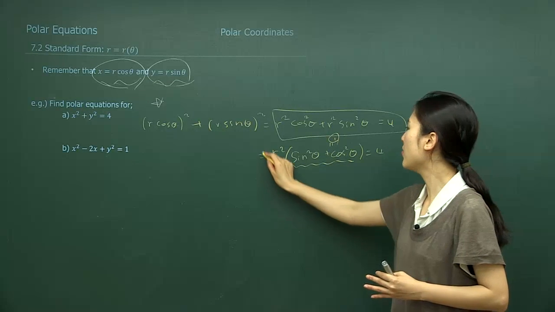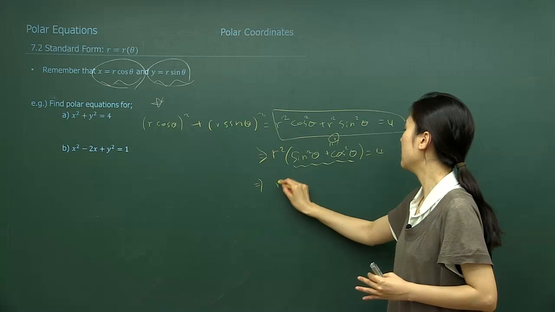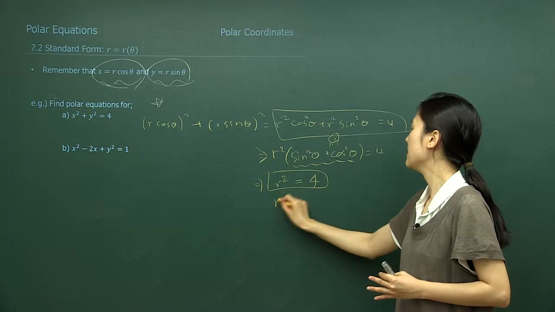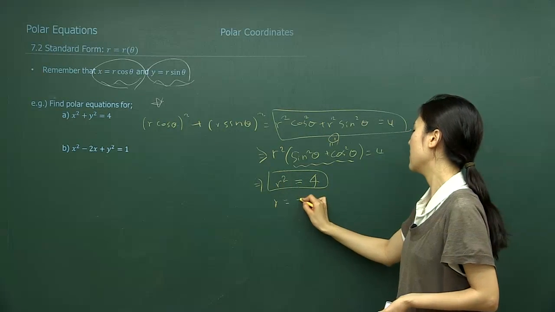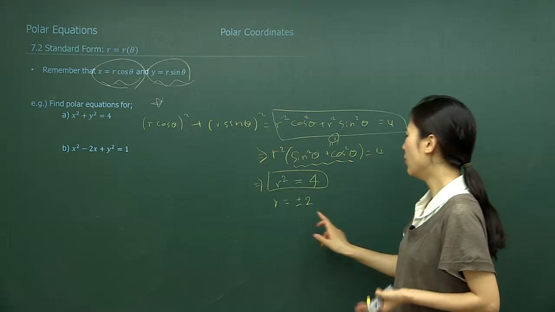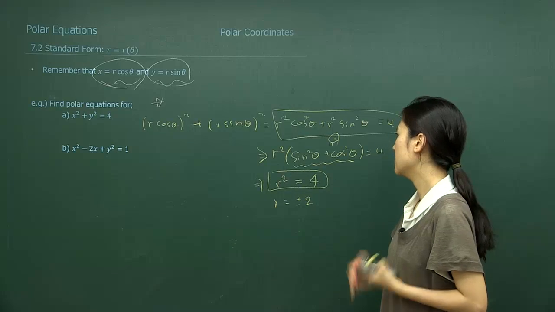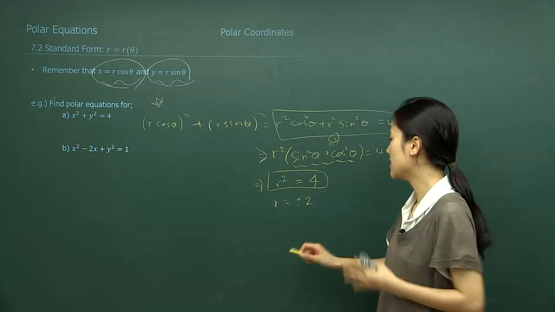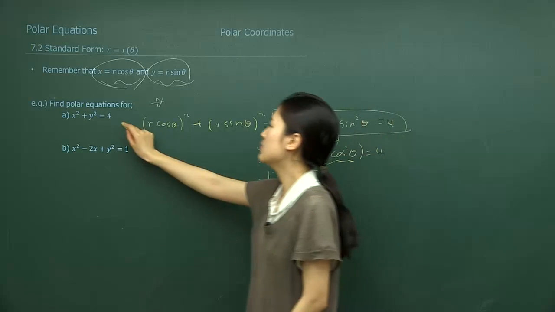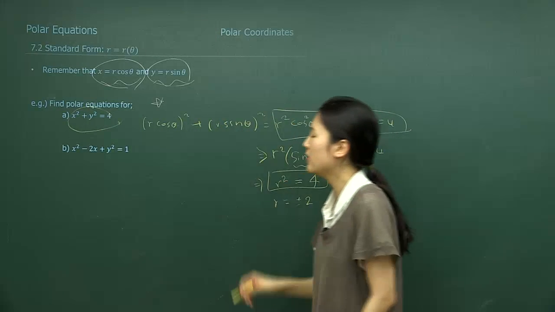Hence, the whole thing converts into r squared equals 4, meaning that r is plus or minus 2 technically, right? Though positive 2, since r is distance, a negative 2 changes things. But anyways, that basically means that this will be giving you a circle.